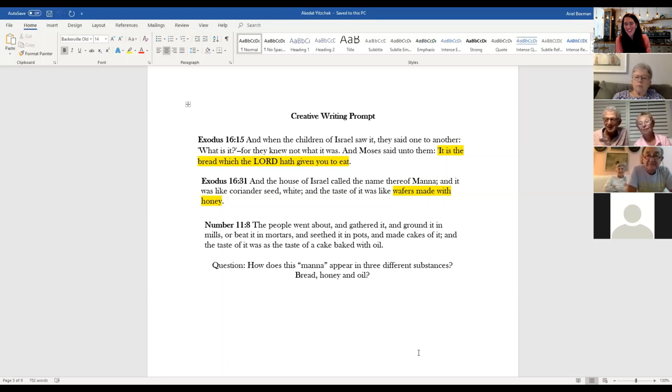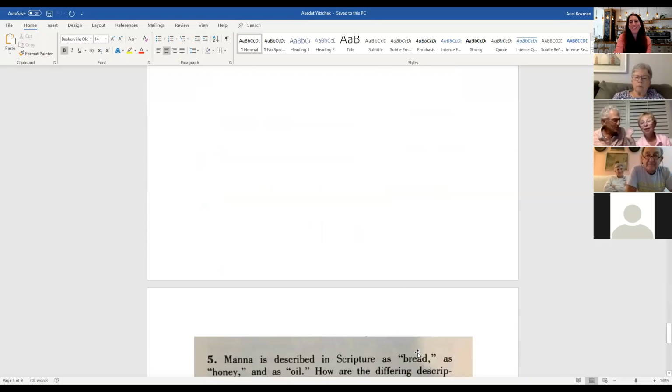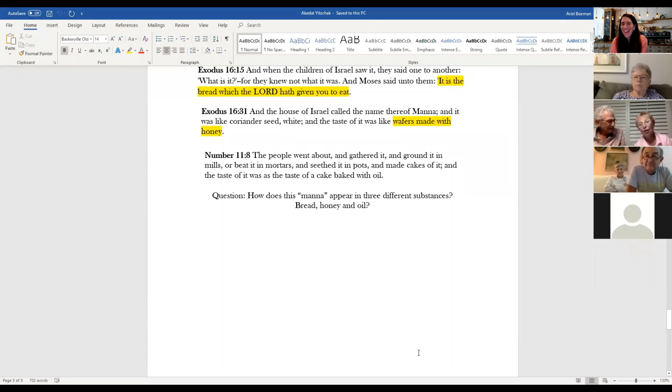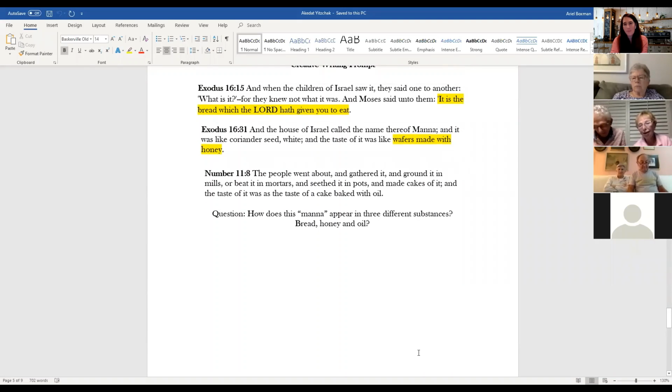Go for it. All right. Well, I think that the word bread is strange, because you always hear about flour or the raw substance mixing with oil, because that's what was indigenous, that's what they had, and that's what they knew. Honey is also a natural ingredient that can be found along the way, or from Egypt, from wherever.